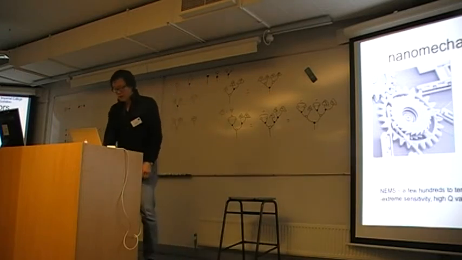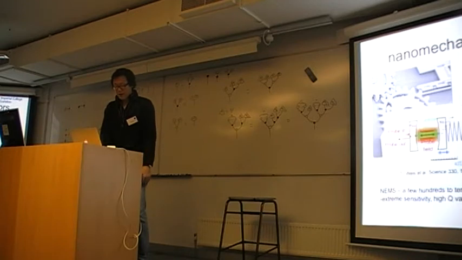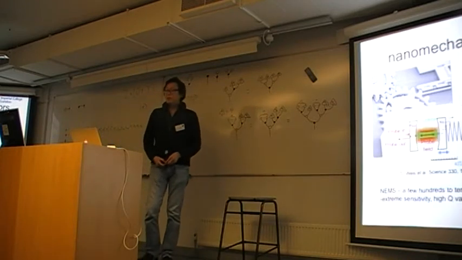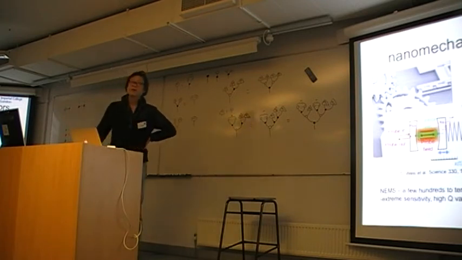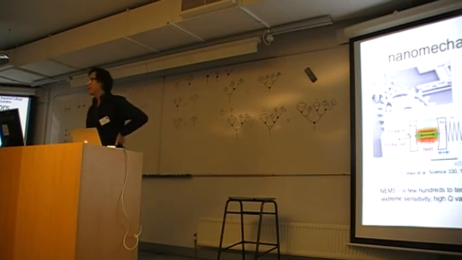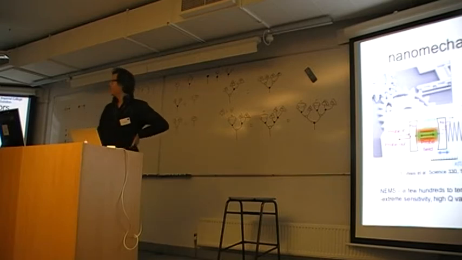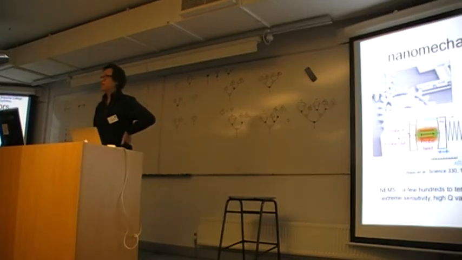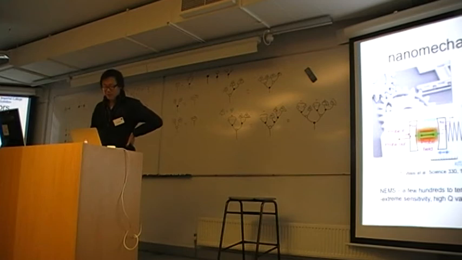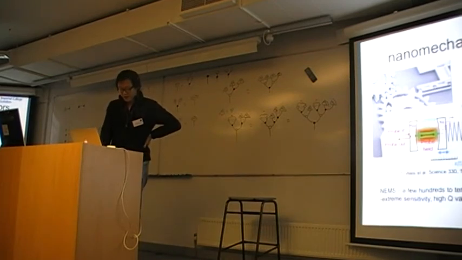And now, quantum people think, by the way, if it goes down to nanoscale, why don't we bring the state of this nanosystem into the ground state? Once we reach the ground state, there can be a lot of things we can do. That's what they thought, and that's what they're doing.